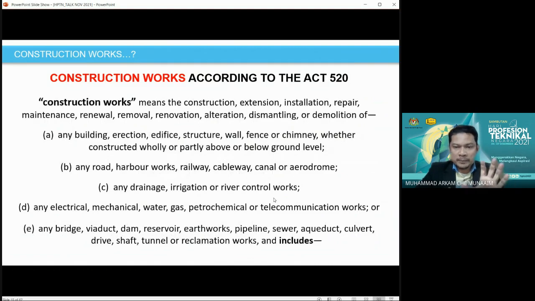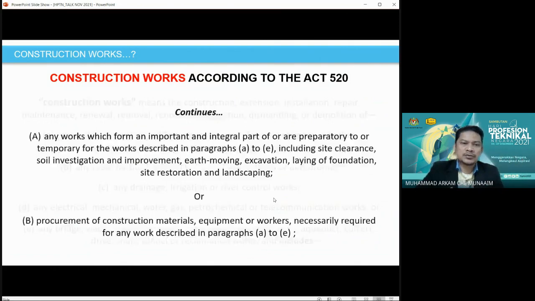Whatever work that is temporarily required to be conducted to complete the above A to E work is considered as construction as well.